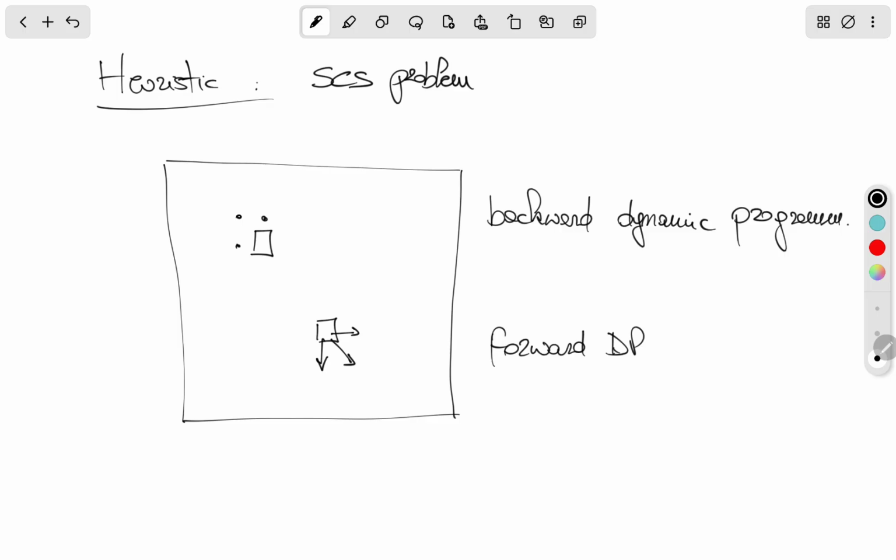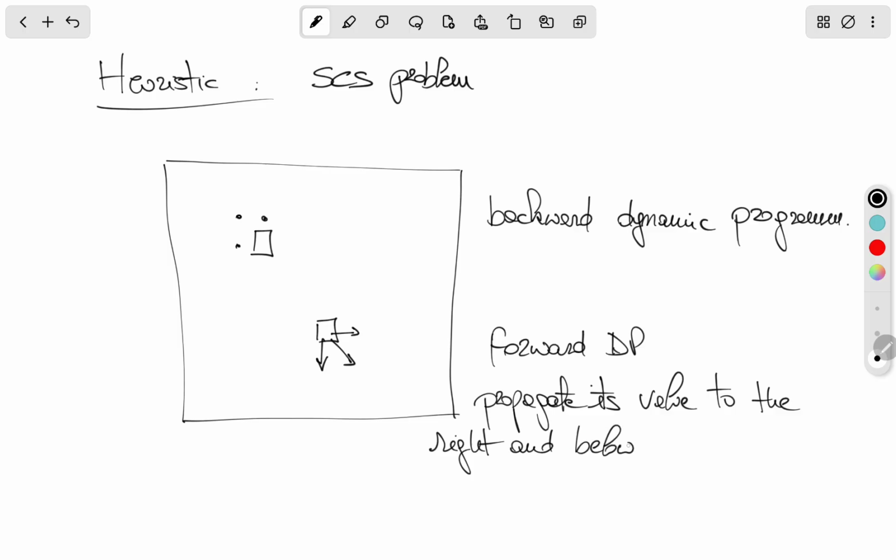But the value is propagated, so it propagates its value to the right and below.